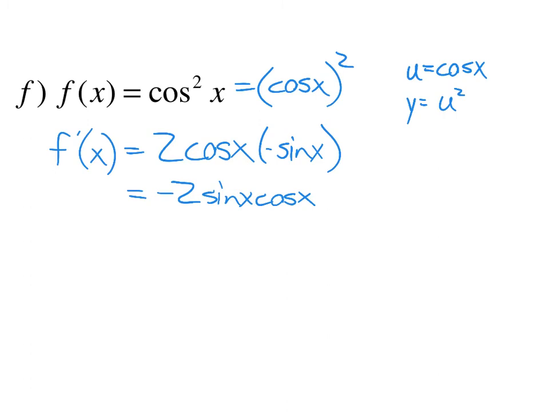So the dy du would be 2u, or 2 cosine. And then the du dx would be the derivative of cosine, that's our negative sine. If you're ever confused, go back to that process that we learned at the beginning. That's why we learned that. Write down what u is, rewrite y in terms of u, and then do your dy du and du dx.